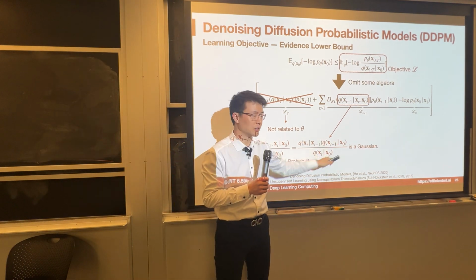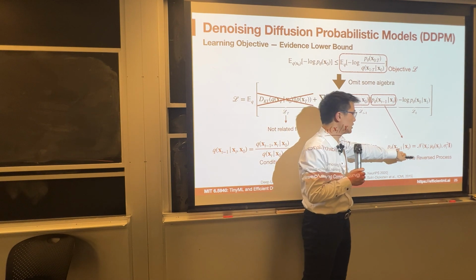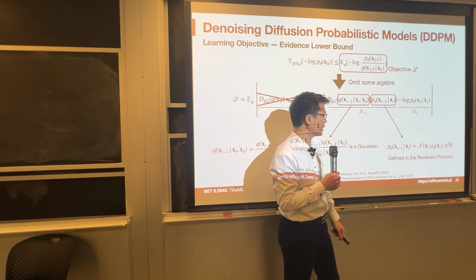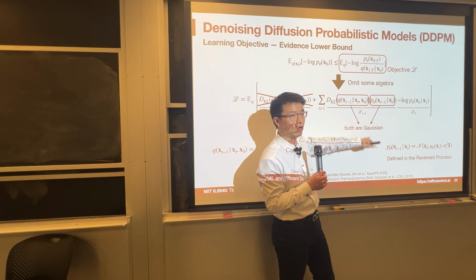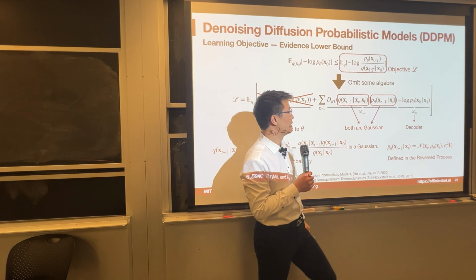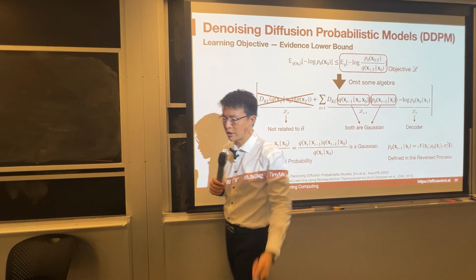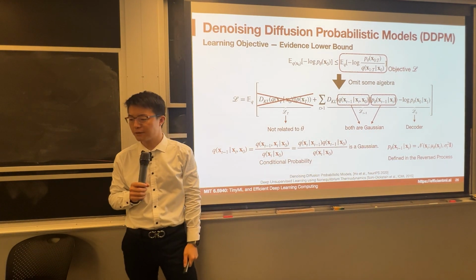So this is the Gaussian. The other term we have seen before, from t to t minus 1, is also a Gaussian. Both of them are Gaussian, so we can further simplify that. And the first term can be simplified in a similar manner.